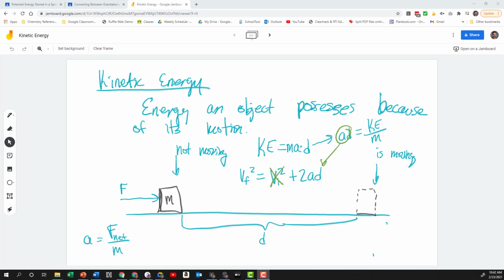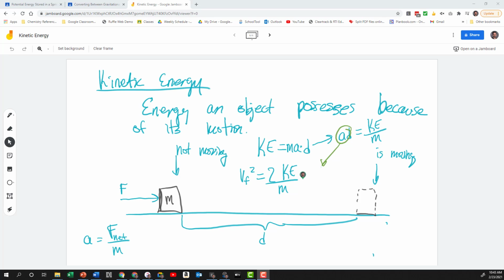So let me just clean this up a little bit. It's going to become v squared equals 2KE over m. Now I'm going to isolate the KE.